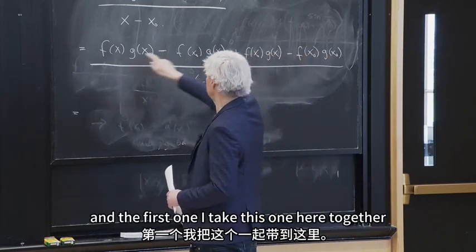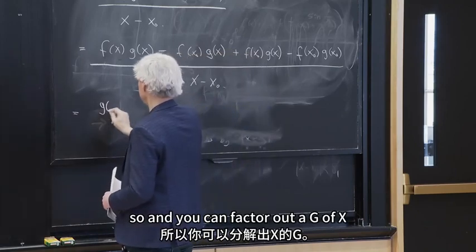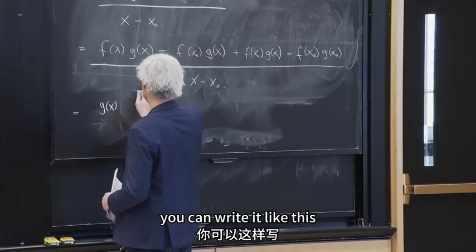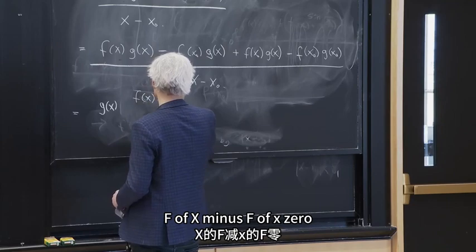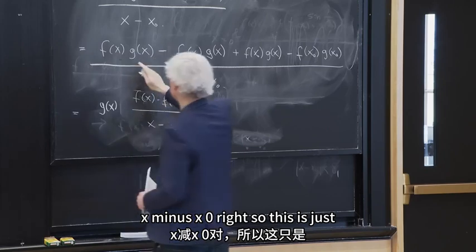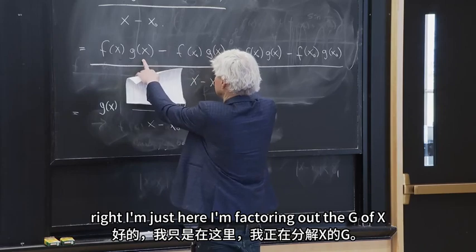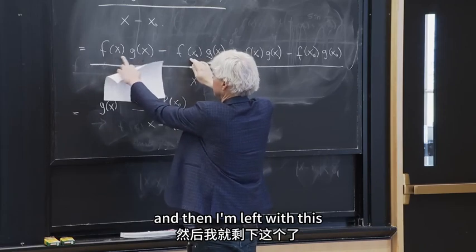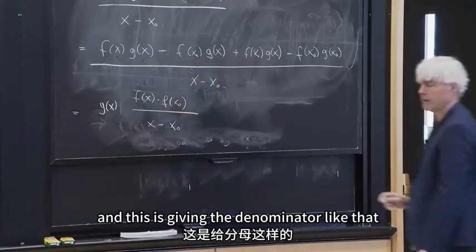And the first one, I take this one here together, and you can factor out a g of x. You can write it like this: f of x minus f of x0 over x minus x0. I'm just factoring out the g of x, and then I'm left with this, keeping the denominator like that.